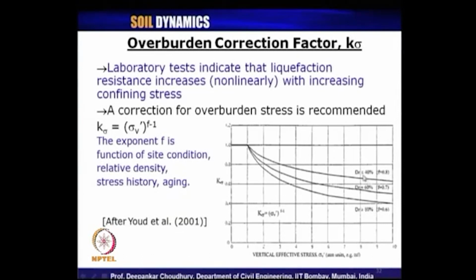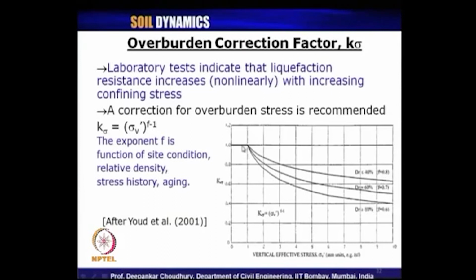If the relative density is about 60%, then f value is 0.7. If the relative density is greater than or equal to 80%, f value is 0.6, that has been recommended. If you have in-between values of relative density, you can interpolate between these values of f.